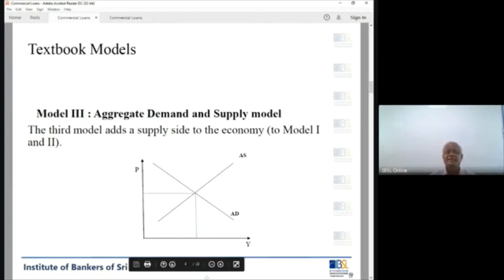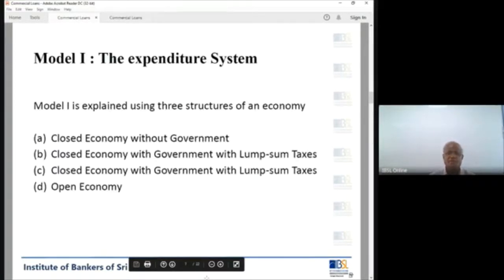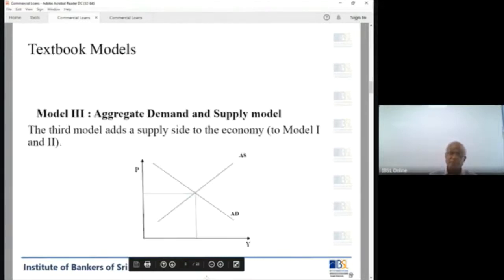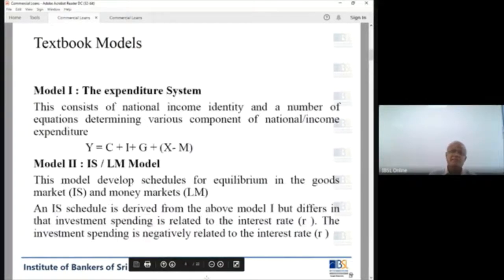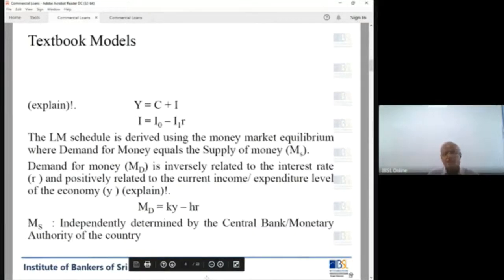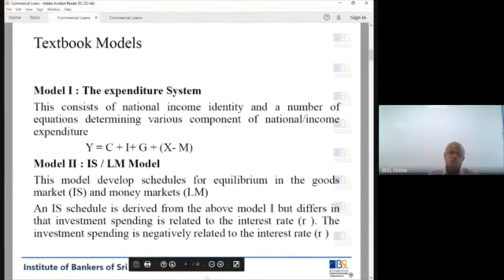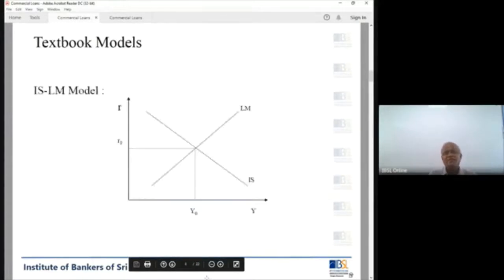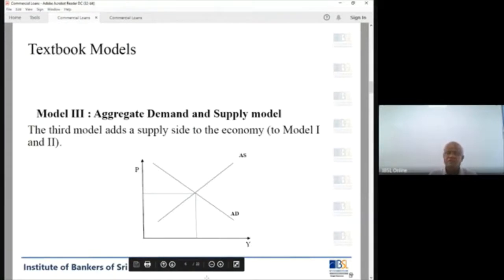The third model adds a supply side to the economy, beyond model 1 and model 2, right? These are the three basic textbook models. The national income model, the expenditure system; the ISLM model, where we discussed goods market and money market equilibrium separately; and the third model, the aggregate demand and aggregate supply model, the ADAS model.